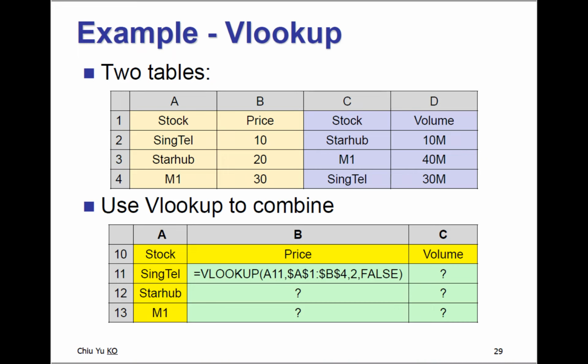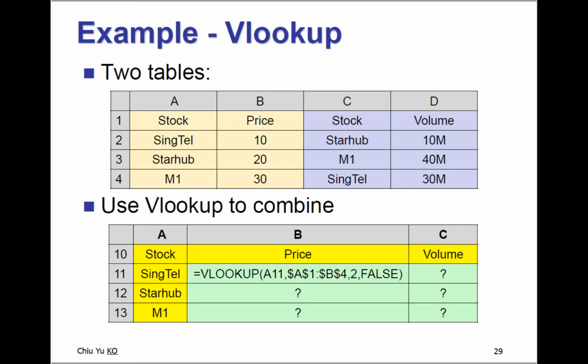There will be 4 columns. The first 2 columns are one table, which is the price table, and the last 2 columns are the volume columns, which tell me the daily trading volume. Sometimes you want to combine these 2 data sets. Sometimes the data is not in the same order.